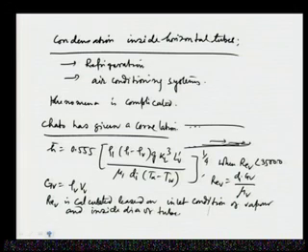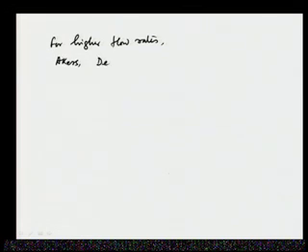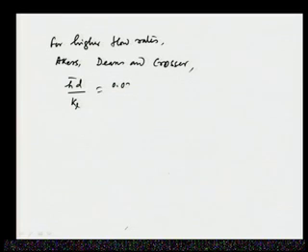Now, for higher flow rate, Akers, Deans and Crosser have given a relationship that h bar D by k_L, the Nusselt number, is equal to 0.026 ReM to the power 0.8 times the Prandtl number of the liquid to the power 1/3, and the error has been found to be very high for this case.